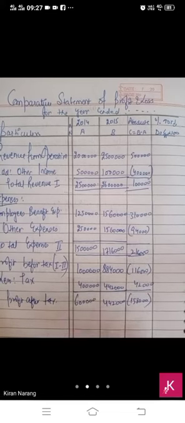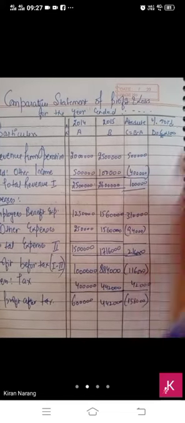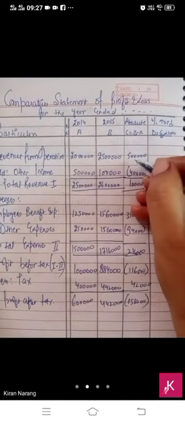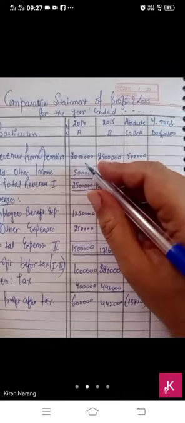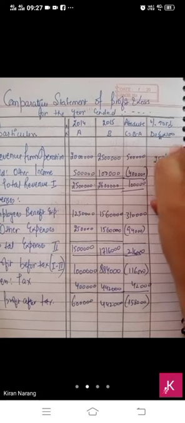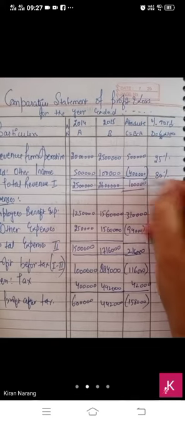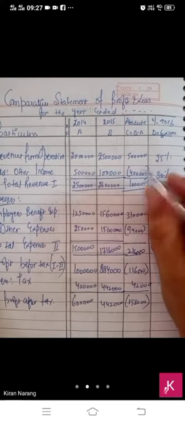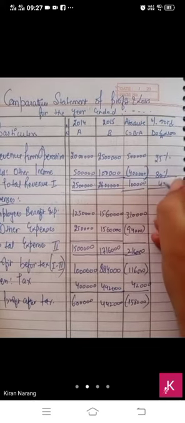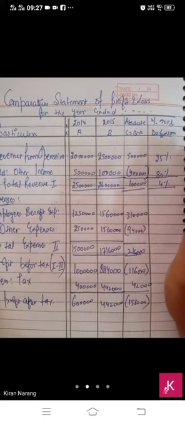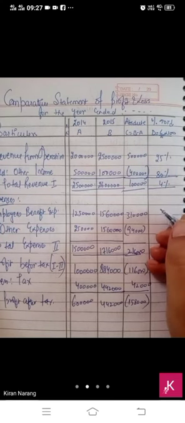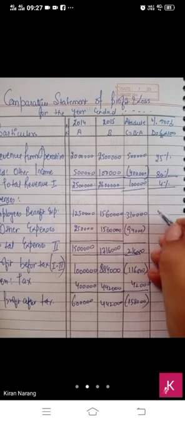Okay, bache. Again we have to calculate the D column now. C upon A into 100. 5 lakh divided by 20 lakh into 100, it will be 25%. 4 lakh divided by 5 lakh, it will be 80%. Then 1 lakh divided by 25 lakh, it will be 4% only. Percentage can be anything. It can go above 100, or it can be less than 10, or any figure. If there is no change, it will be 0.